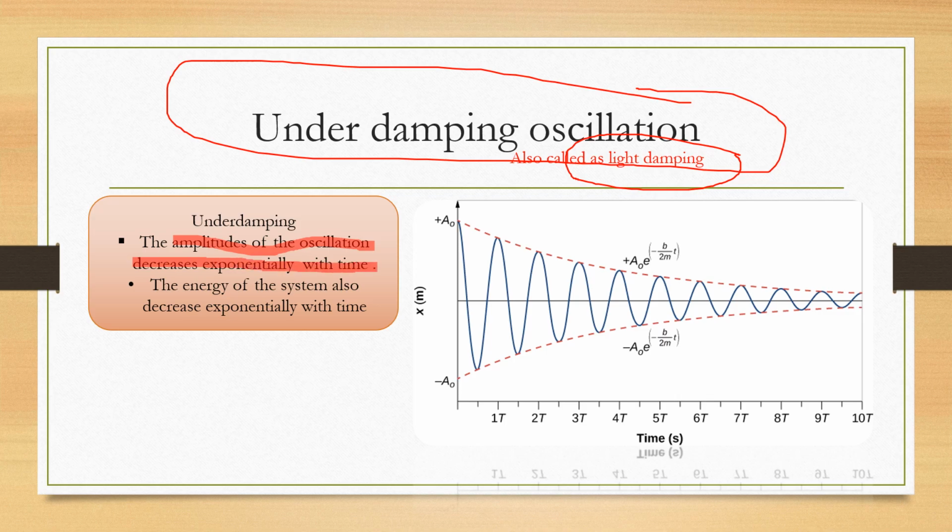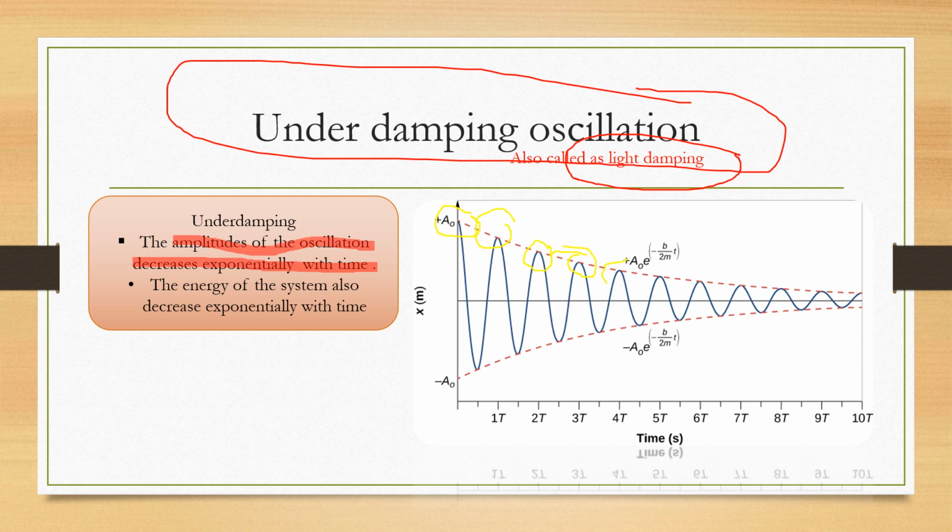Keyword number 1. If you see in this diagram, you will notice that the amplitude at x equals 0 is A naught, and then the amplitude decreases. How does it decrease?